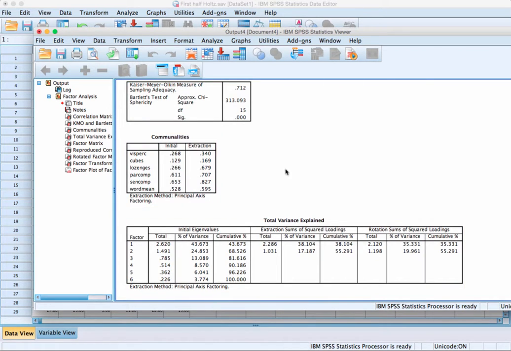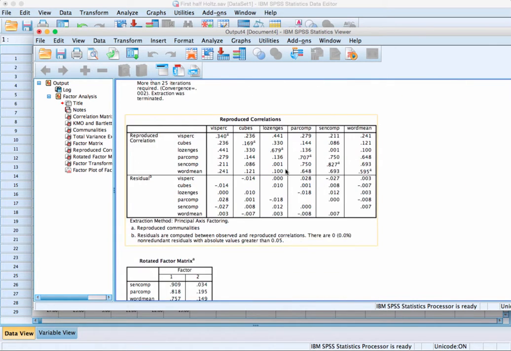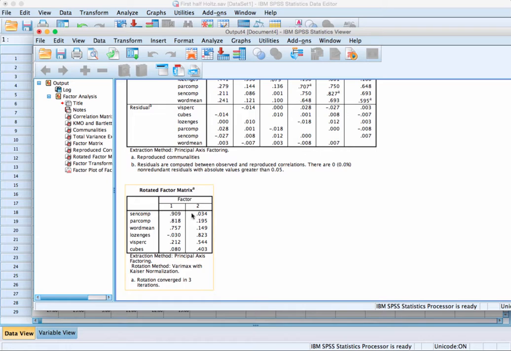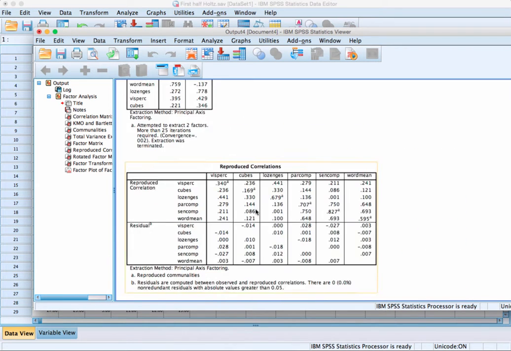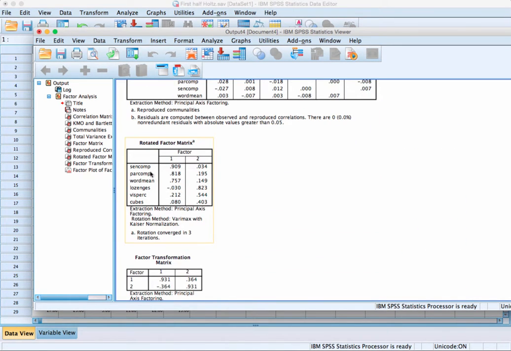So how do we interpret these communalities? If I look at my factor loadings, what this means is, for example, the square of this plus the square of this. So the square of 0.91 plus the square of 0.34 is, let's see, I've got to make sure I'm on the right one here.